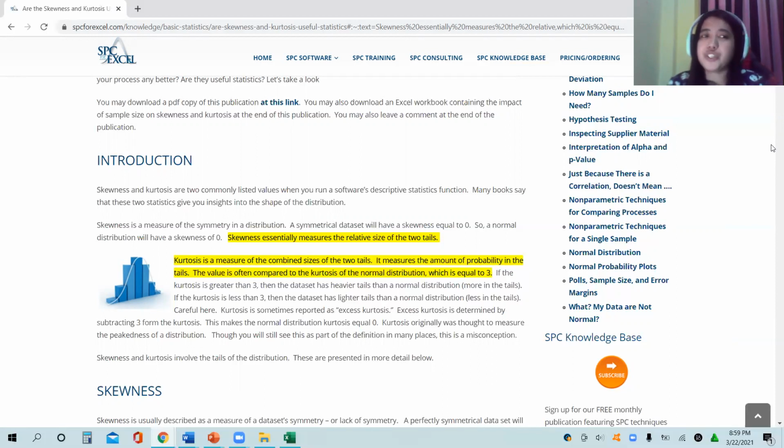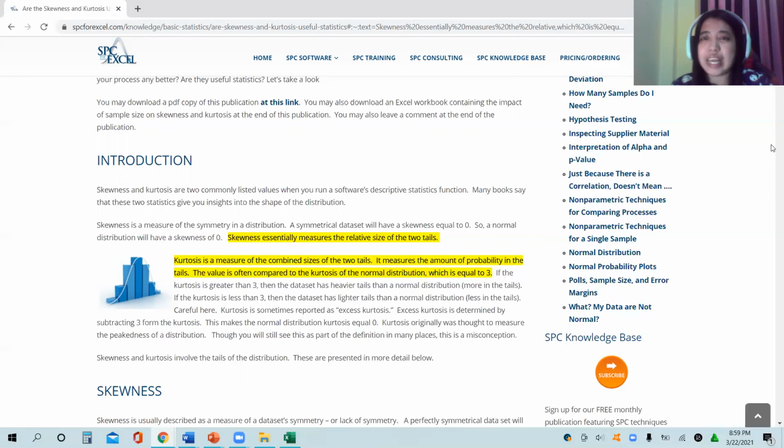So as mentioned here, if we are referring to the shape of the distribution, and we're going to use skewness only, it's also better to use both skewness and kurtosis, because kurtosis and skewness are both measures of the thickness of a distribution.